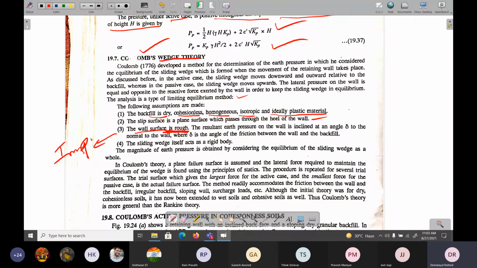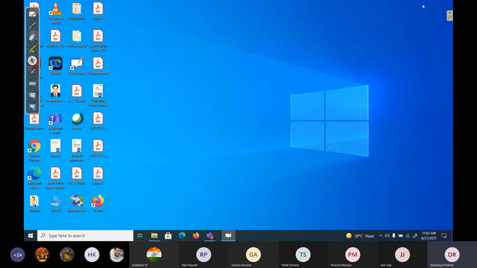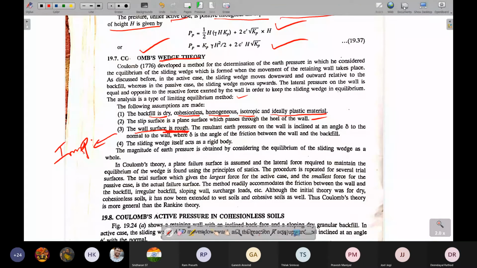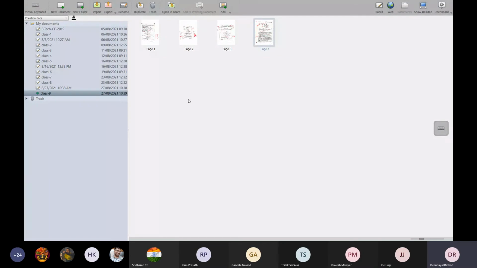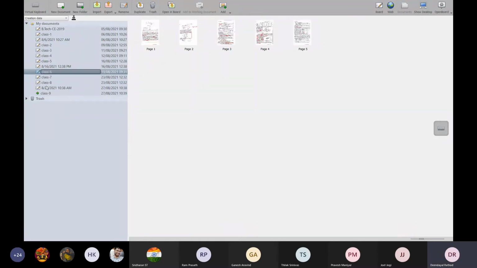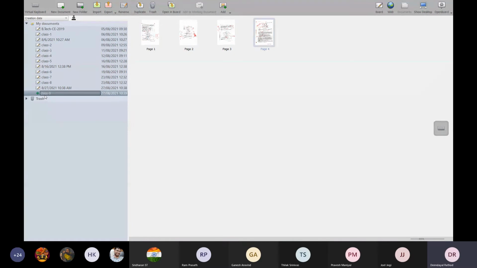Now before winding up, let me show you what happens if the wall is inclined, or the soil surface is inclined. It is also given, I have mentioned it in this particular one, I think not this one, 7.